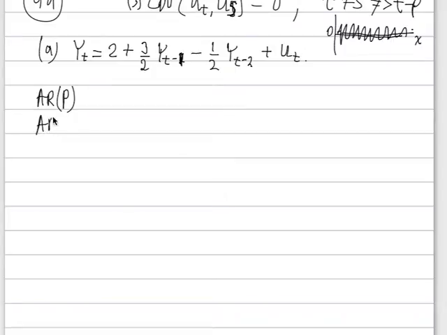It's an AR(2) process. For any AR(p) process, to check if it has a unit root, you solve this polynomial equation. The power is the same as the subscript for beta.